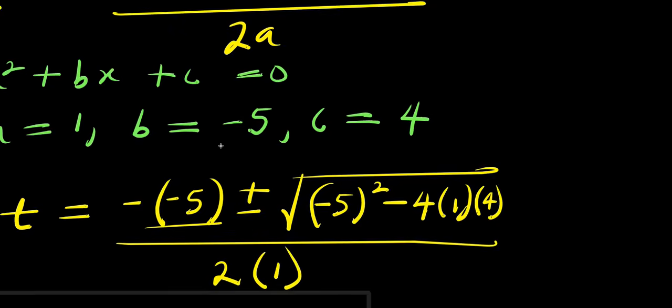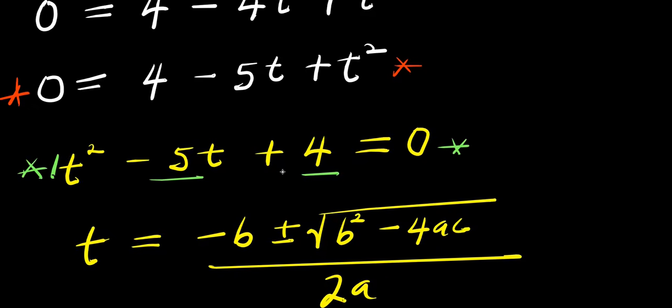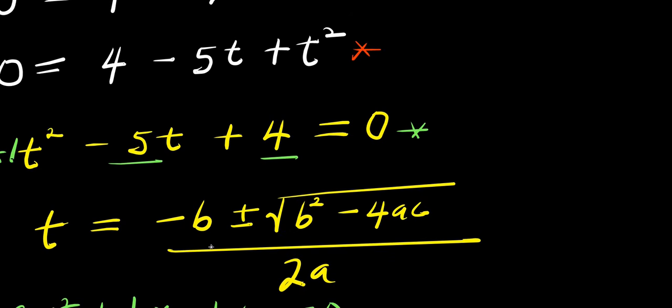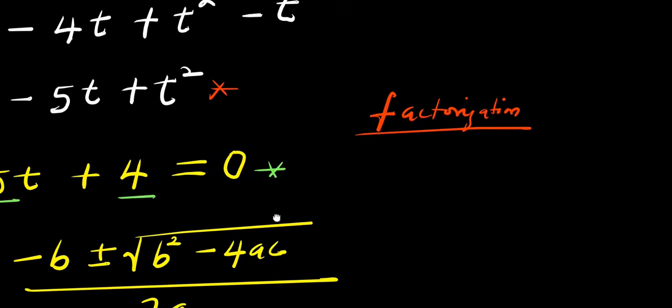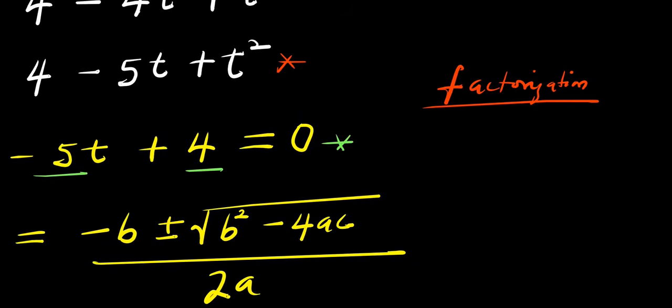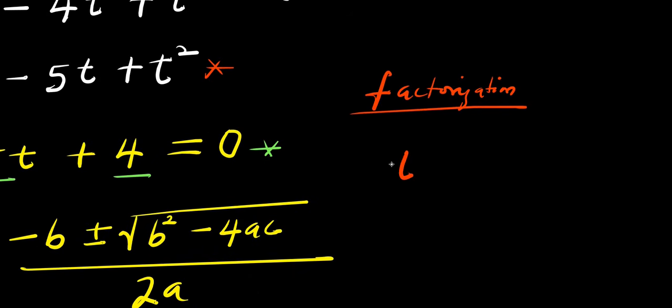We can also solve this quadratic equation using the factorization method because it is factorizable. So for the factorization, you actually need two numbers. This is t squared minus 5t plus 4 equals 0.